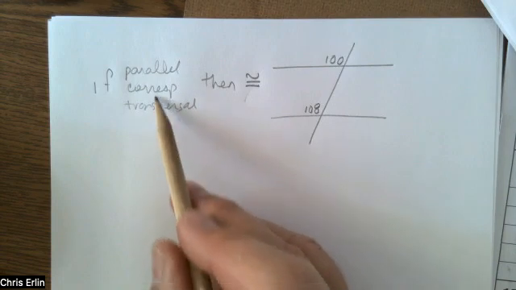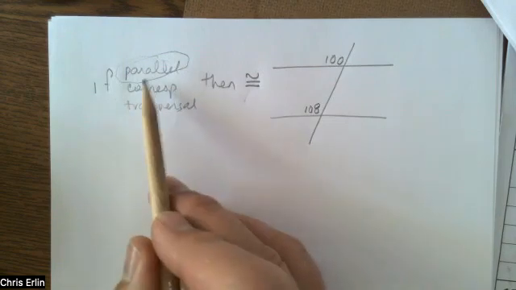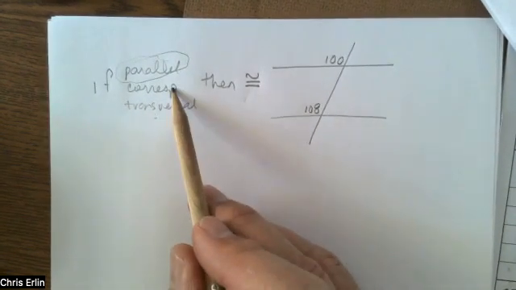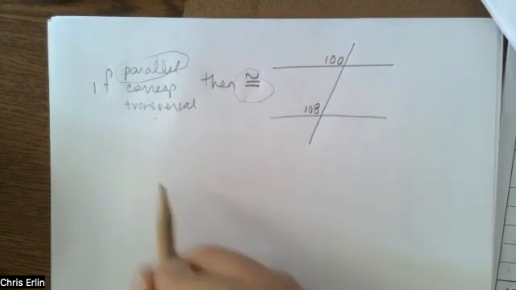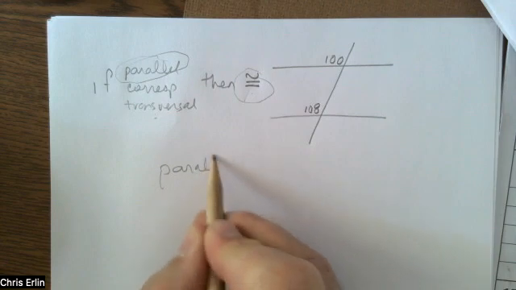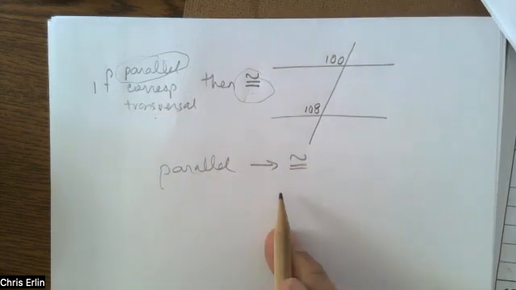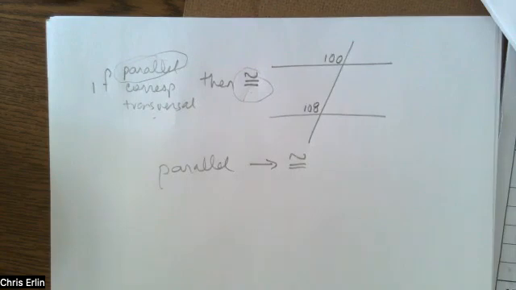P is parallel. If the lines are parallel, then the corresponding angles formed by the transversal are congruent. So can we agree that parallel to congruent is our conditional, and that the corresponding and transversal are really context cues?